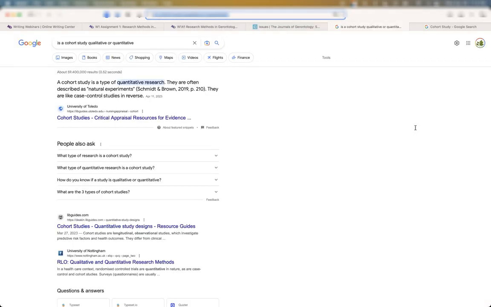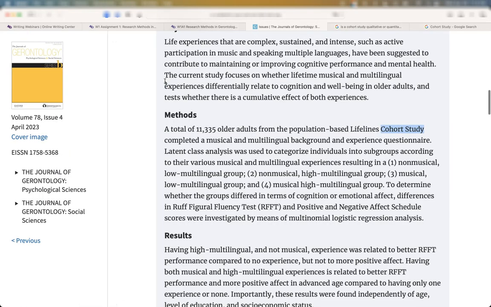Now, I mentioned earlier that it's a type of quantitative research, and you'll find that very quickly your search results will confirm that to you, or if you didn't know it already, will tell you. And so looking at this, how we would classify it, we can see before we've read it, just by looking at the first line of the methods section, we know this is quantitative research.